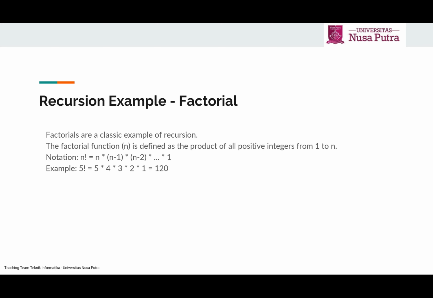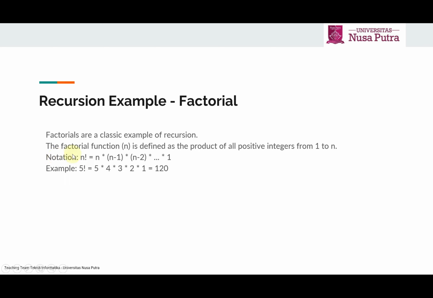So, number one for recursion examples is the factorial. The factorial is a classic example of recursion. Let's see, the factorial function of n is defined as the product of all positive integers from 1 to n.